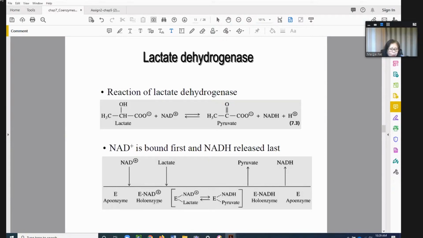Okay. The holoenzyme then binds the substrate, and in this case, it's lactate. Reactions will occur, and then products will be released, pyruvate, NADH, and the enzyme is regenerated. So again, we see here the sequential ordered mechanism of reaction.